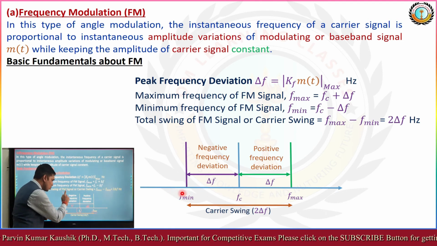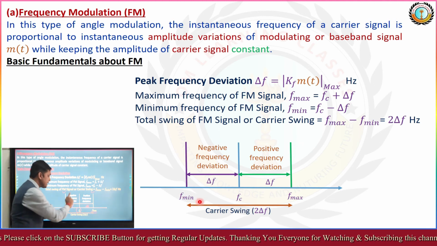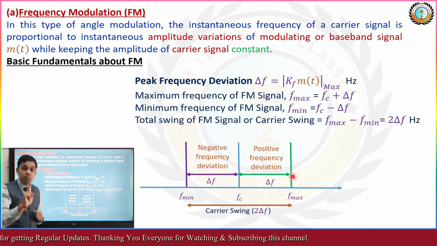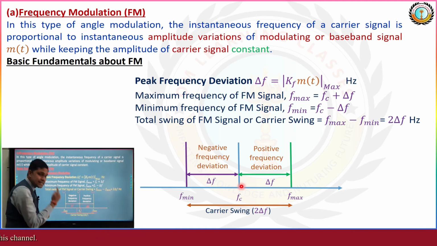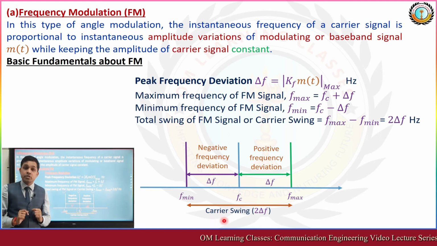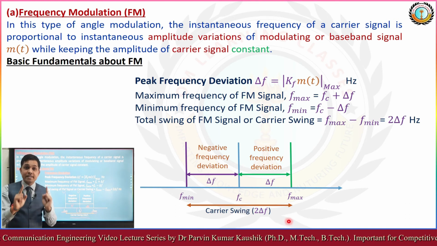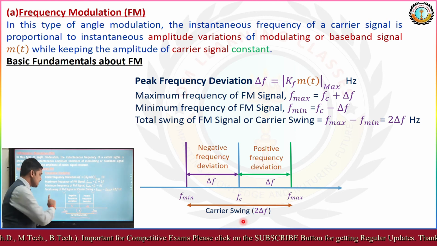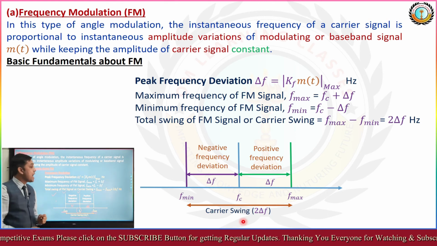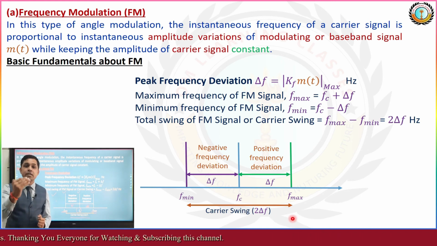So, this is corresponding to f minimum, this is corresponding to f maximum, and this is the representation of the unmodulated carrier frequency. And f maximum minus f minimum is your carrier swing, and that is equivalent to 2 delta f, or you can say twice your frequency deviation of the FM signal. So this is the graphical representation as per the fundamental outcome of frequency deviation.